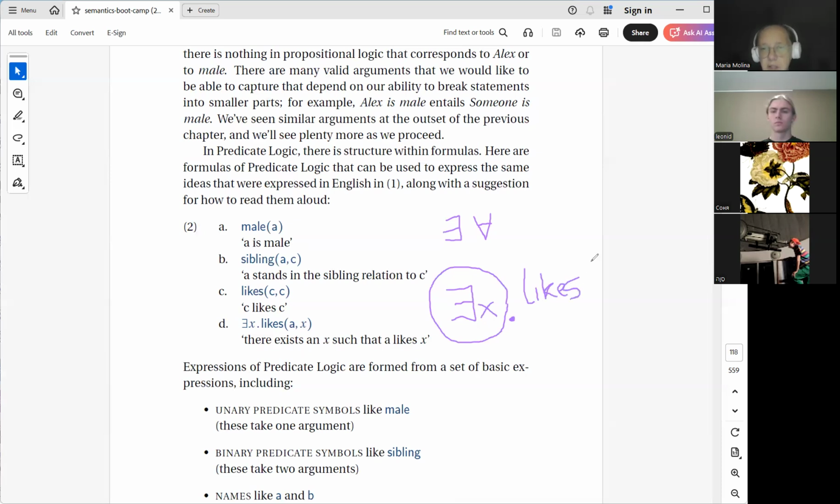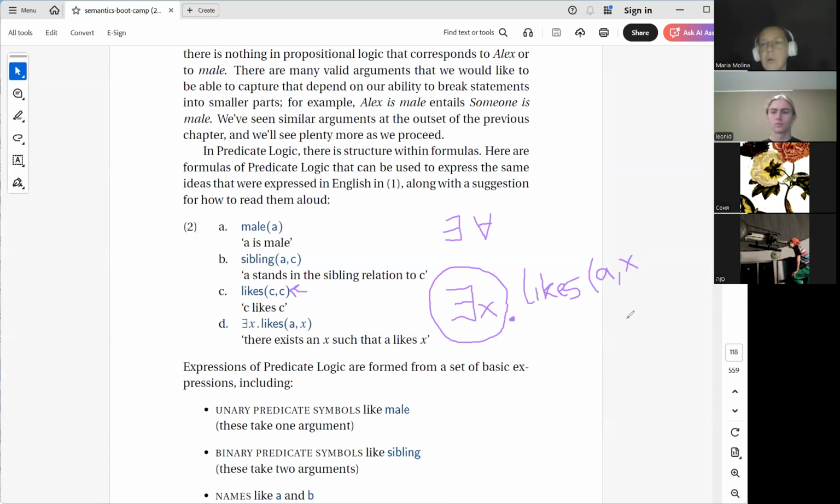And then this likes function should be given arguments. For example, we want to say Alex likes someone. We know Alex, we know this first argument. We know the subject, but we do not know the object.